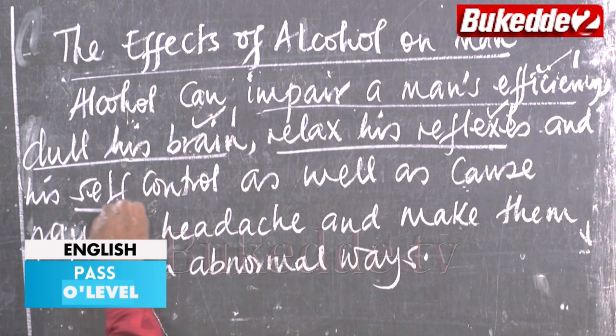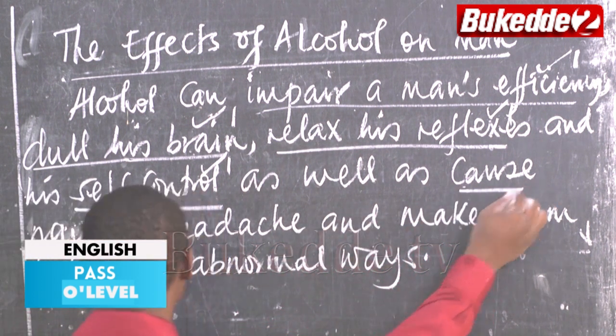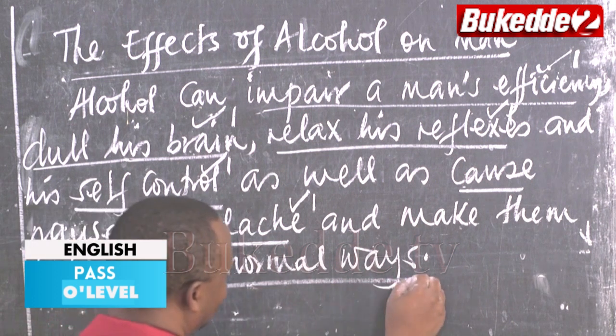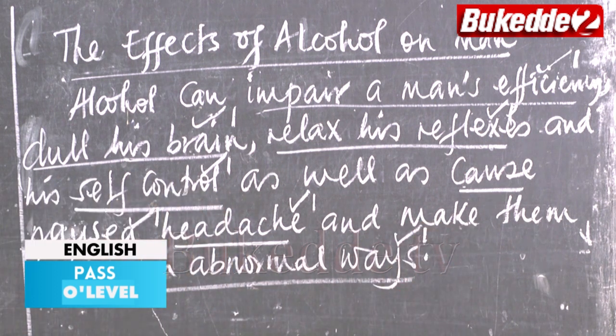And his self-control, those are 4. Now you are bringing the 5th point, as well as cause nausea, that is 5, headache, those are 6, and make them behave in abnormal ways. Those are 7 points. In one sentence, you have scored 7 points in only one sentence.